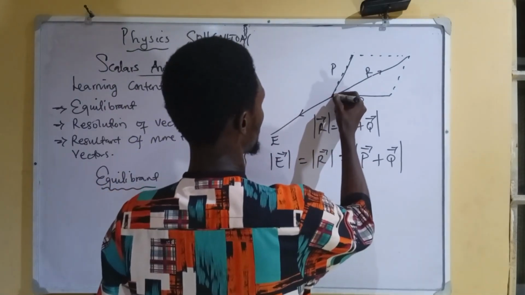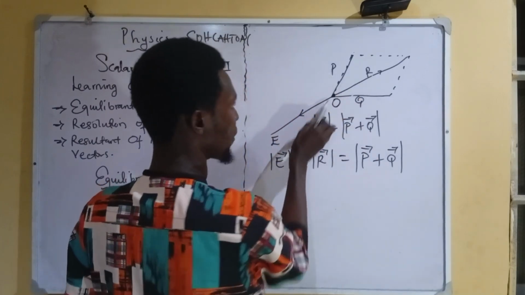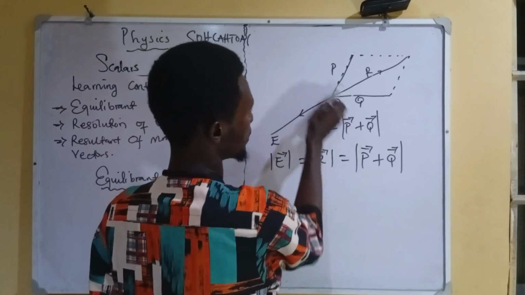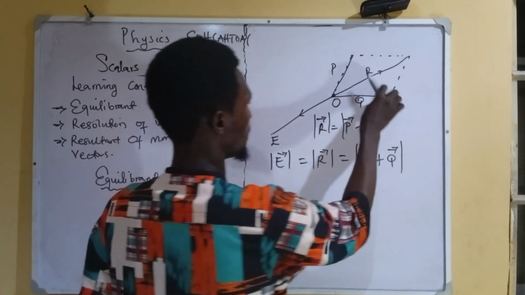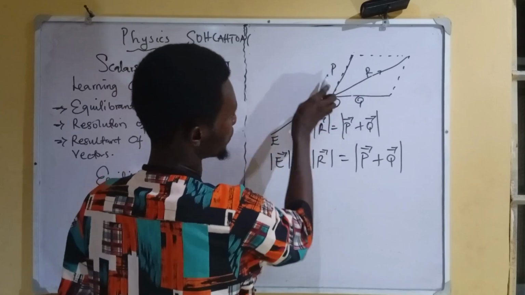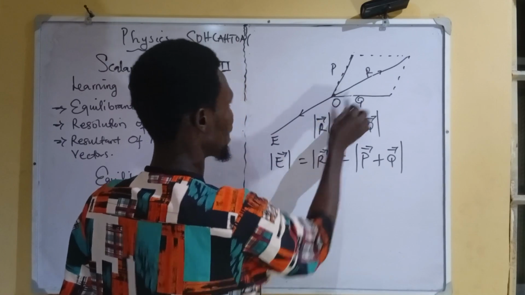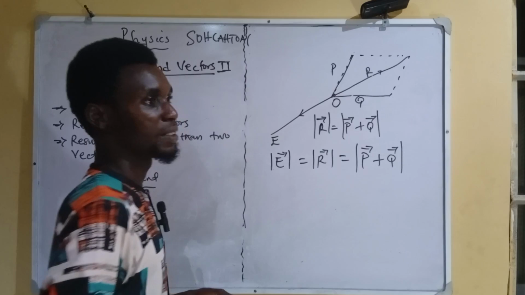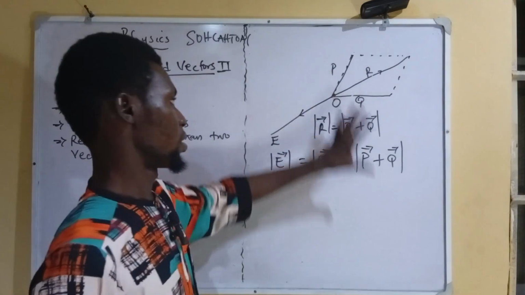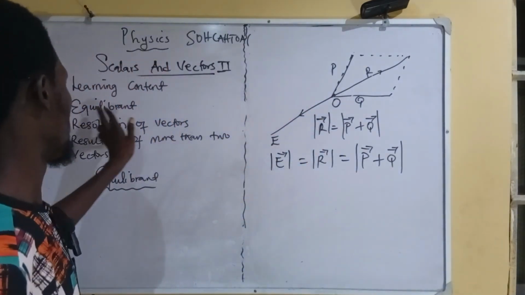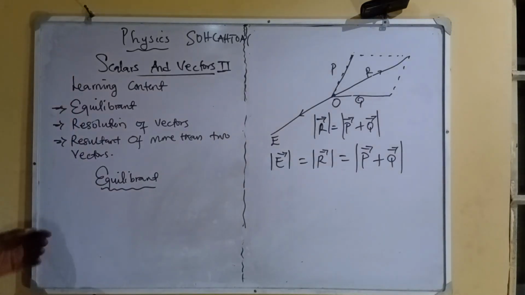If you look at this as a point, these two forces act at this point, and there is one force that has the same effect as these two forces acting together, and that is the resultant. And these two forces acting together can be balanced with just this one force. So this is everything about the equilibrium vector or forces, whatever you are dealing with.